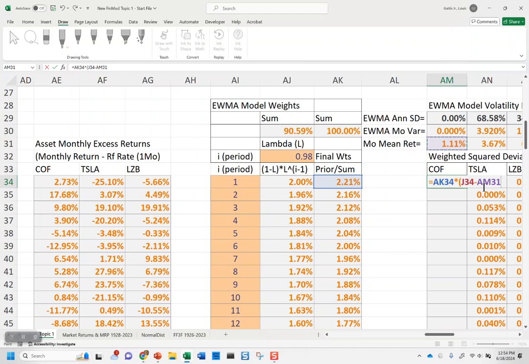I'm going to anchor row 31 here, and I'm going to square it. So notice here's just the average monthly returns of Capital One. So this formula here is the weight, 2.21%, times the return 1 month ago, minus the mean, squared. Copy that down.